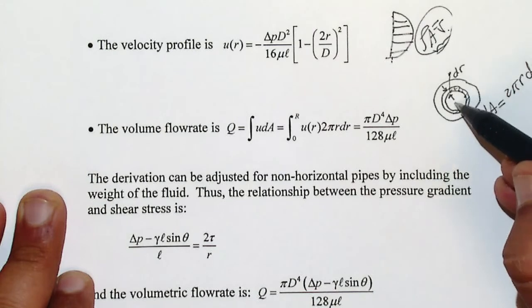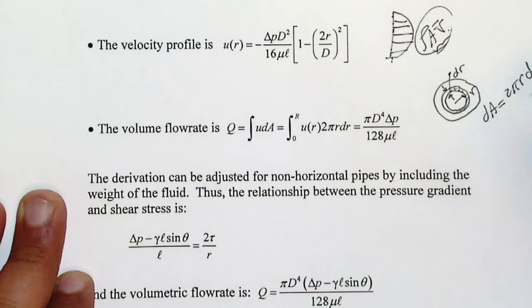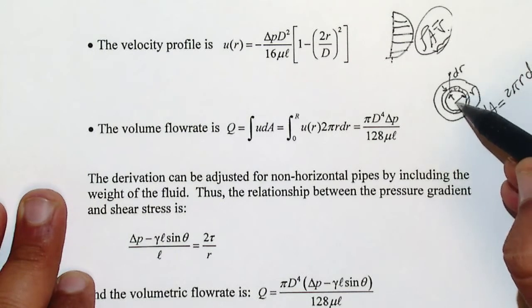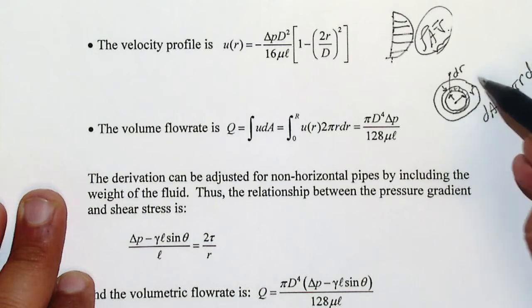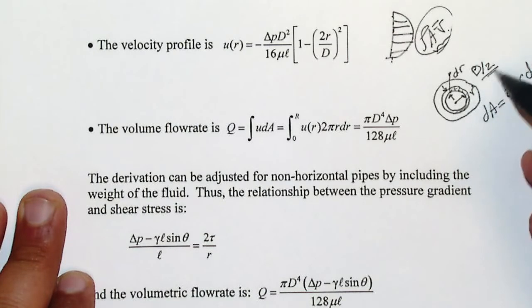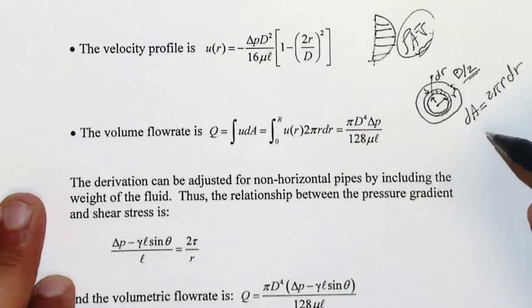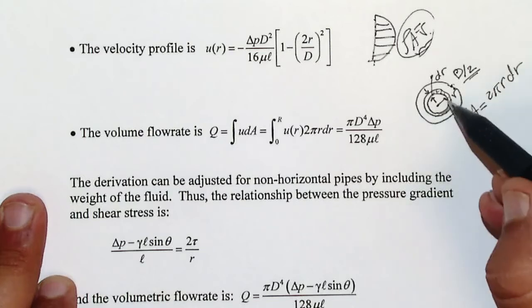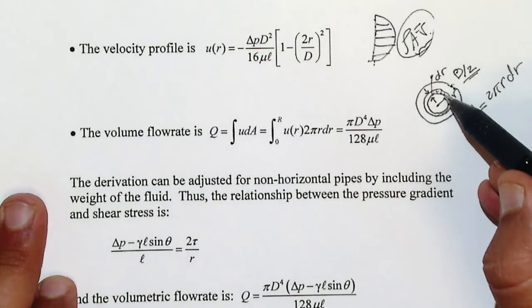2 pi r, where r is arbitrary, so it's going to be r. And if you take the integral from 0 to r_end, which is D over 2, the end of this line, then you cover the whole area. What you are going to find in each of these thin shells is the volume flow rate there.